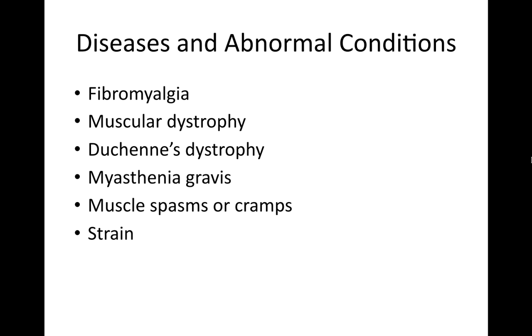Okay, so fibromyalgia, muscular dystrophy, Duchenne's dystrophy, myasthenia gravis, muscle spasms or cramps, as well as strains. So I'll be splitting these up amongst you, and I will be emailing you your assignment to be able to present these on Monday. But each of you is kind of going to get 2.